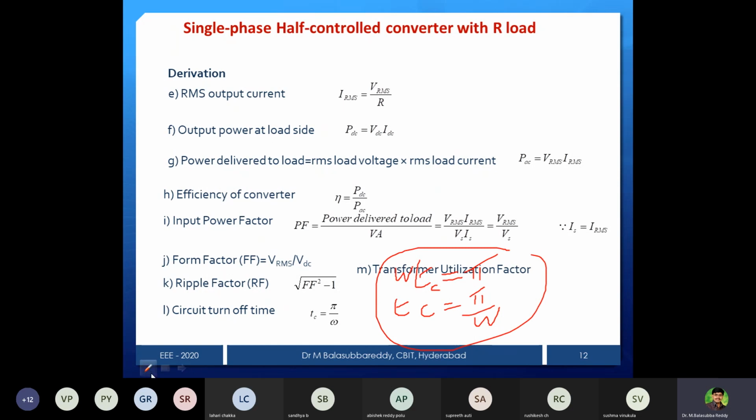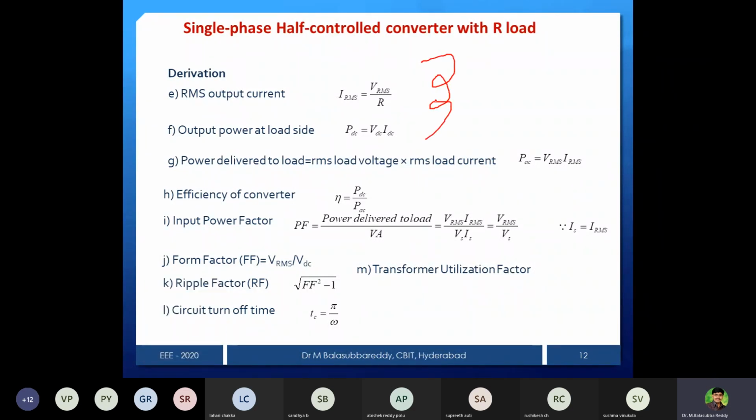Another one is the transformer utilization factor, because we used a transformer at the input. If you have not used one, it is not required, let it be. It is a transformer, and then you can connect it to the thyristor, and then there is a load. So that will give us the transformer utilization factor.